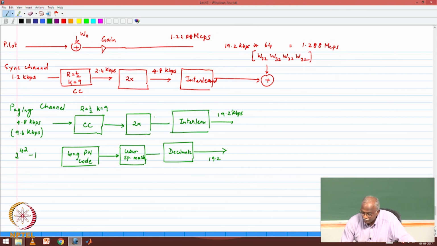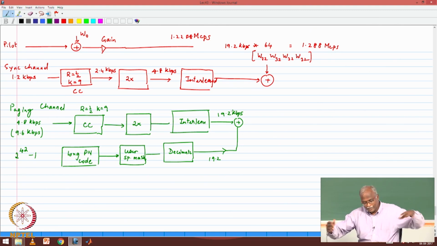So this information is going to be exclusive ORed with a sequence. First of all is a long PN sequence. It has been further modified, downsampled, and then that is going to scramble your data.